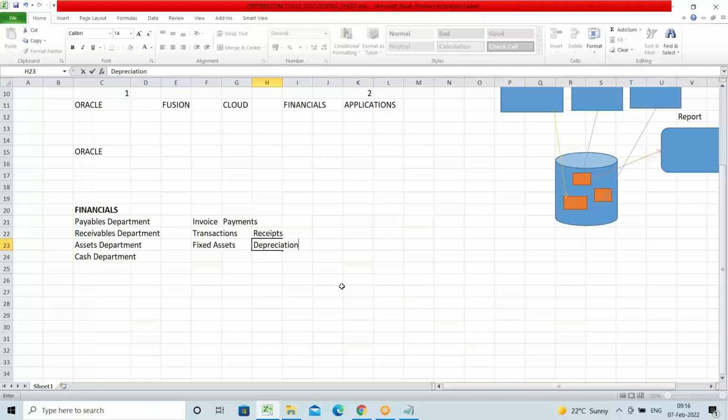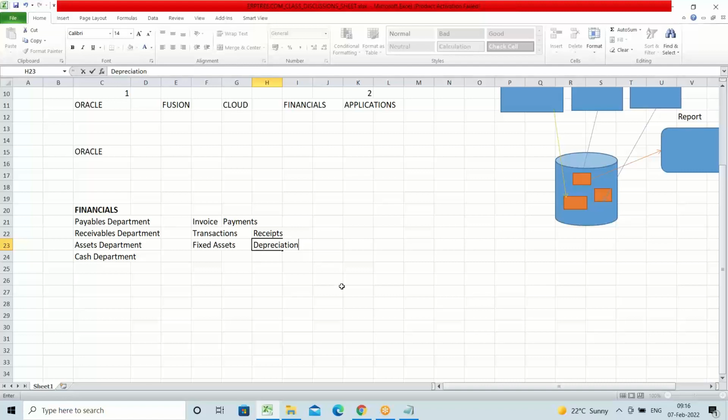After 1 year, what is the value of the car? Say you purchased it for 10 lakhs rupees. After 1 year, if you validate that car value, it may be 7 lakhs. So you have to reduce the value from 10 lakhs to 7 lakhs. With the depreciation concept, you can reduce that value and keep the current valid value. So for each and every fixed asset, we use the depreciation concept.